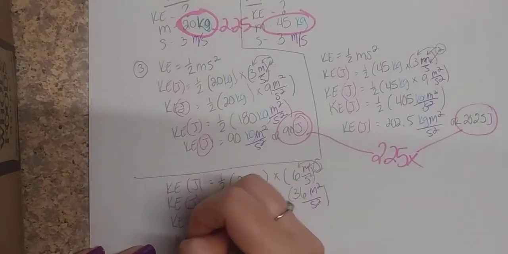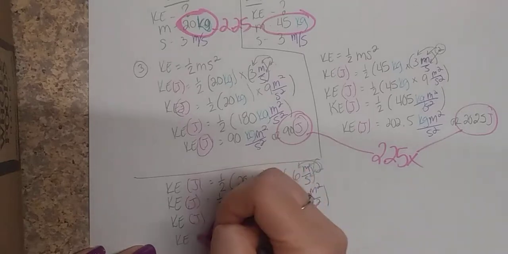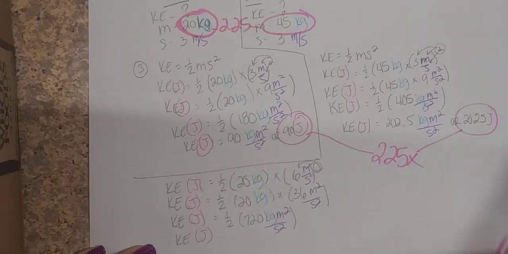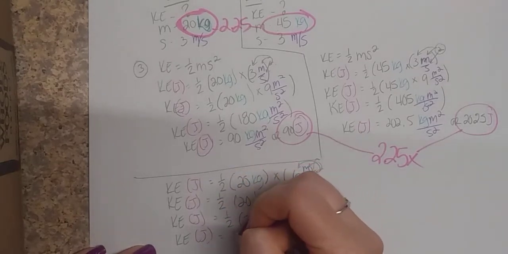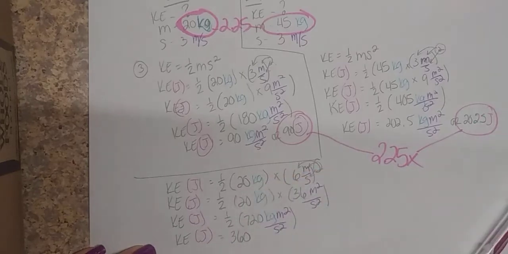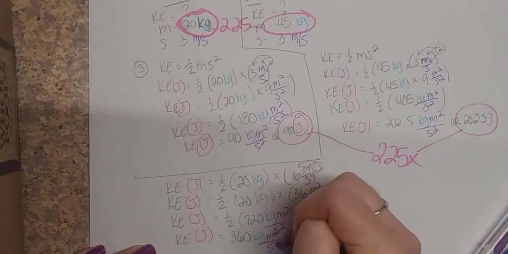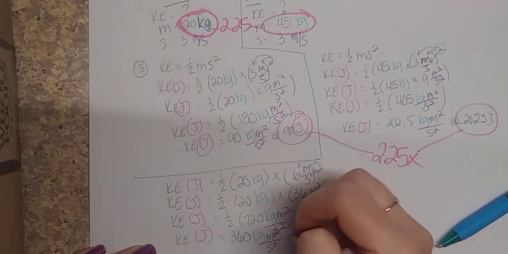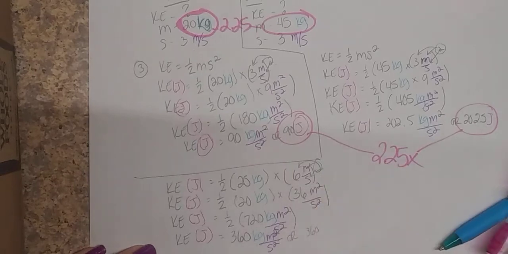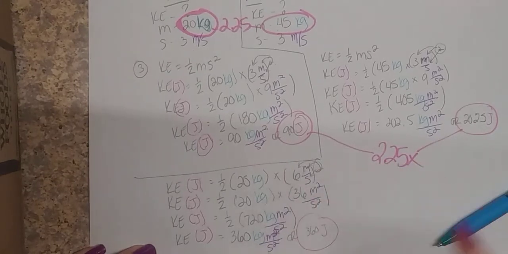Last one. Half of 720 is 360. Bring my units down. So it's 360 kilogram meters squared divided by second squared, or 360 joules.